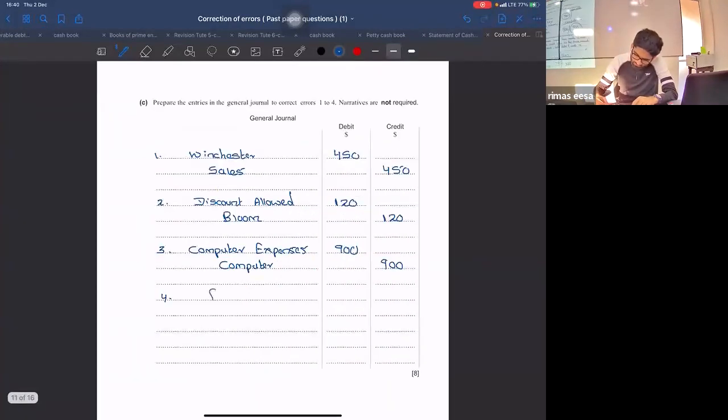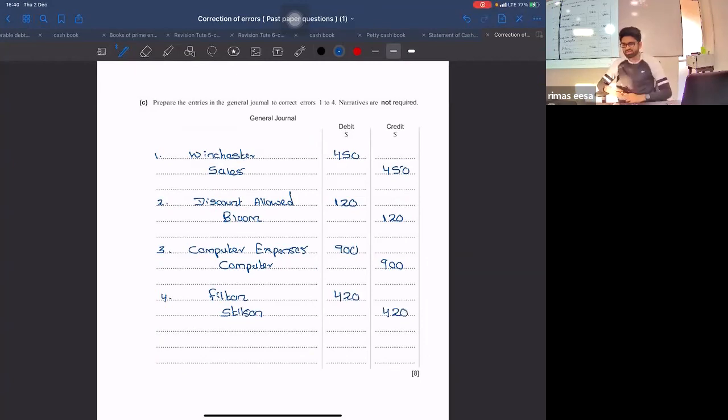So error number 4. Filter's account is debited with 420. Stilson's account is credited with 420. So that is how you are correcting error number 4. Easy game, no? Easy game.